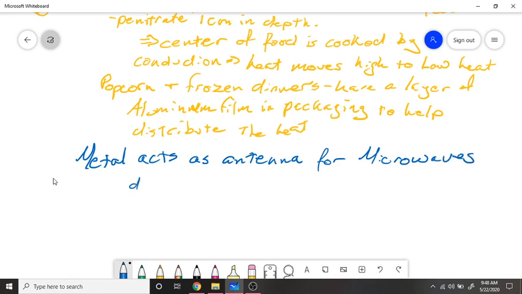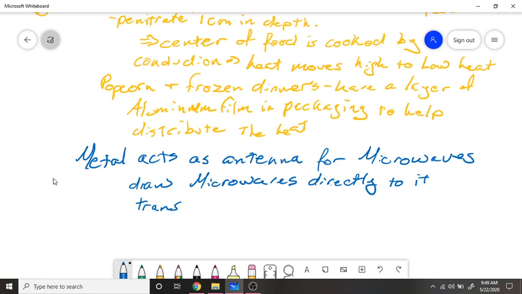It will draw the microwaves directly to it, and it will transform them back into electricity, which is why it will spark.